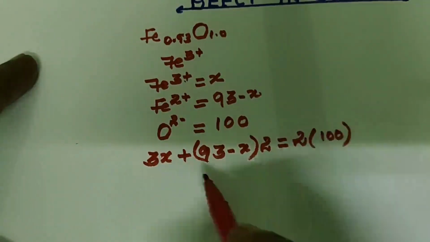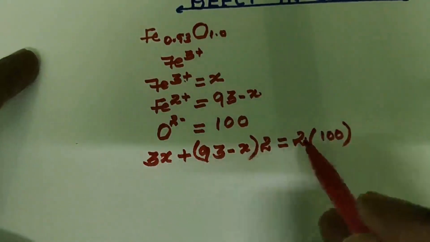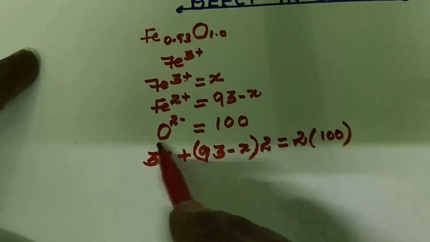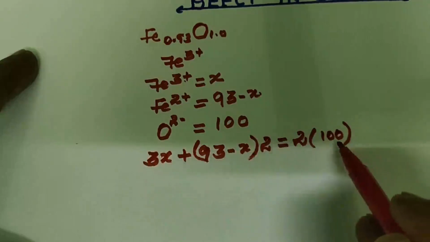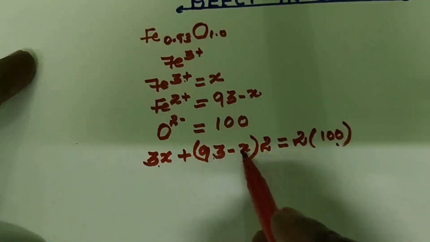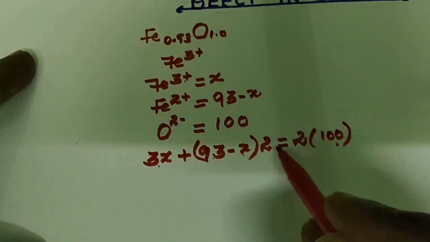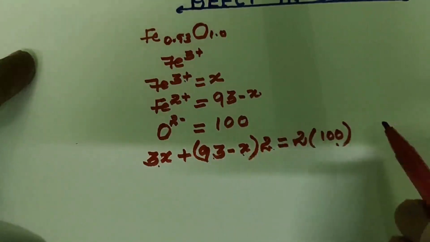That is, the sum of the oxidation states times the amounts of cation is equal to that of anion. This is written as 3X plus (93 minus X) into 2 minus 2 into 100 equals 0.